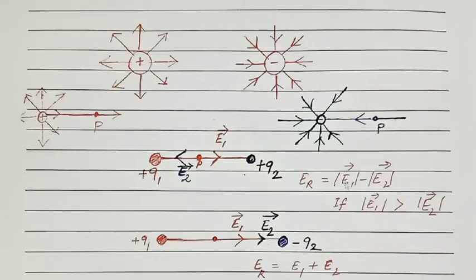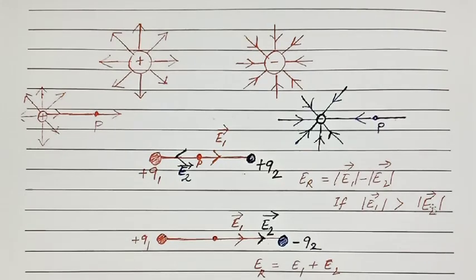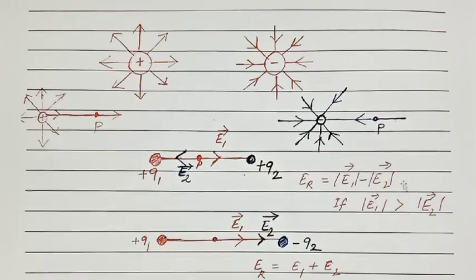So I put magnitude of E1 minus magnitude of E2, considering magnitude of E1 is greater than magnitude of E2. If you consider E2 greater than E1, then ER is equal to E2 minus E1. That is the magnitude part, and direction you can write that it is along the direction of the greater field.